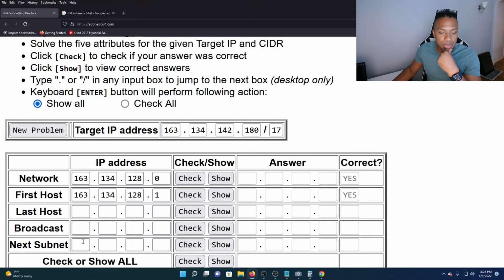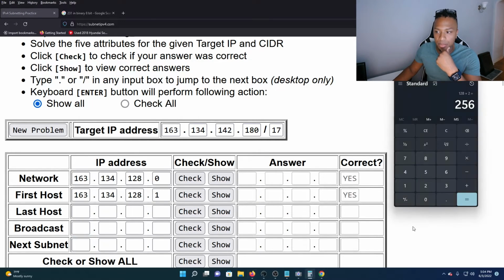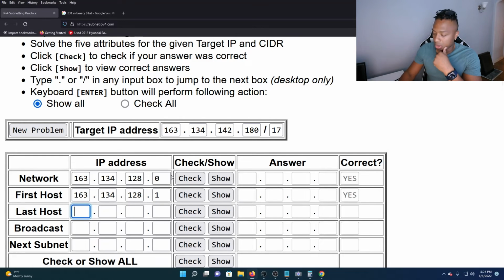And remember, let's go to the next subnets. So this is 256. Remember, that happened last time. So what should we do here? Well, we're going to have to do 163.135.